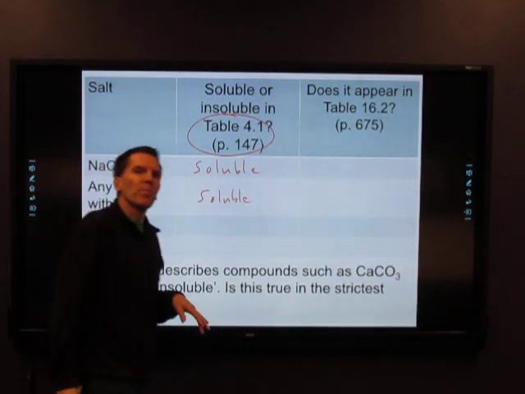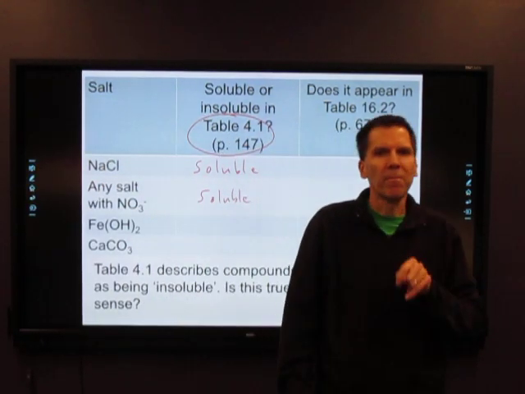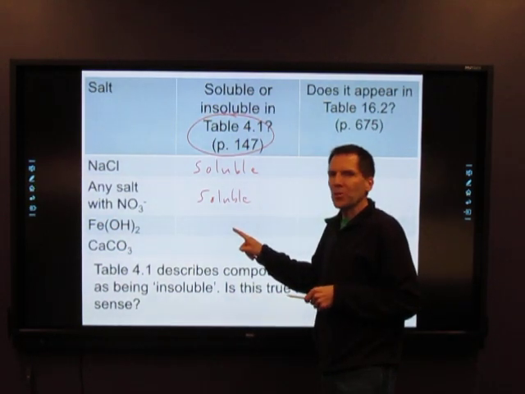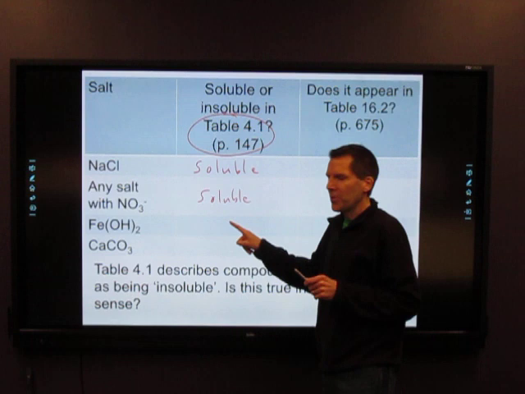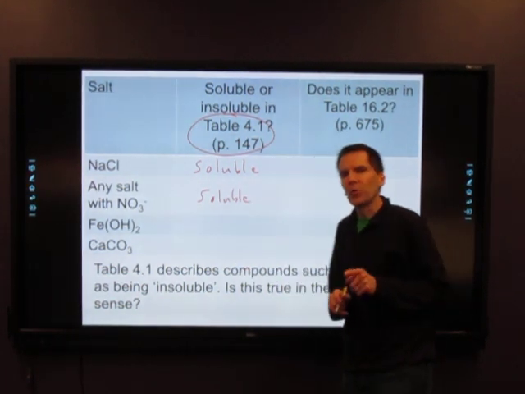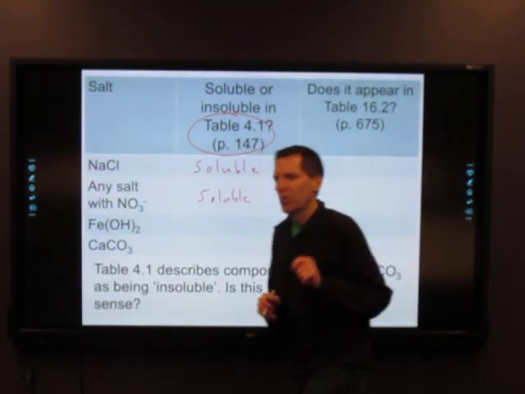So from the rules back in Chem 1, you should have found that this would have been labeled insoluble because it contains OH, which is not an exception. This calcium carbonate also comes up as insoluble.